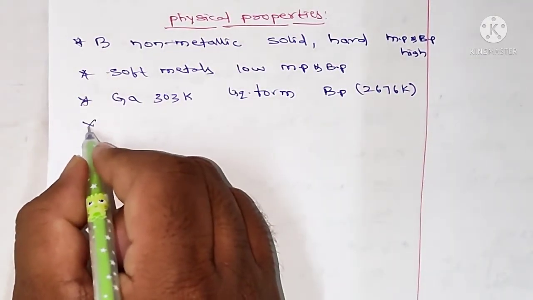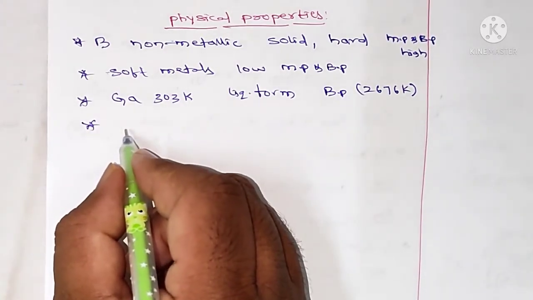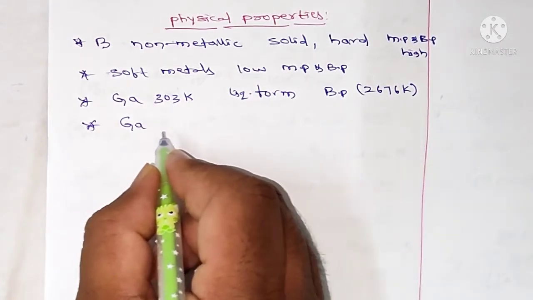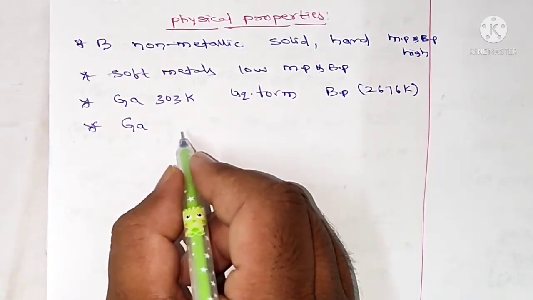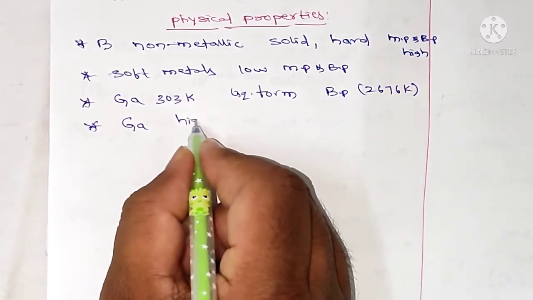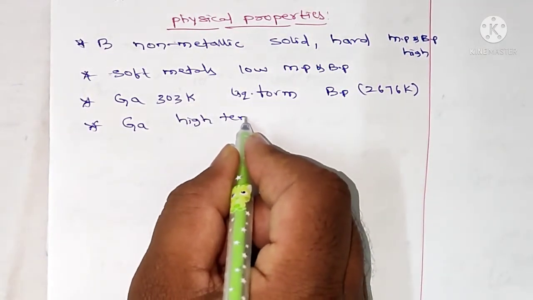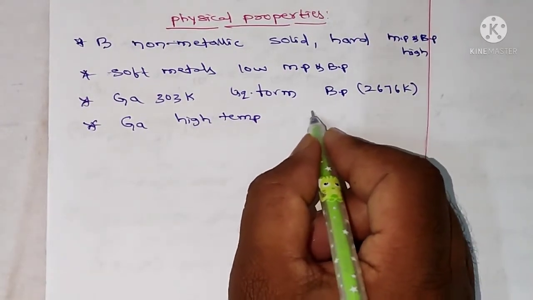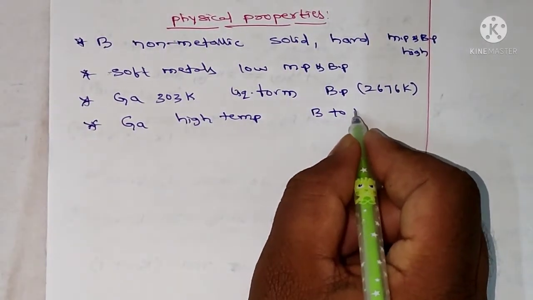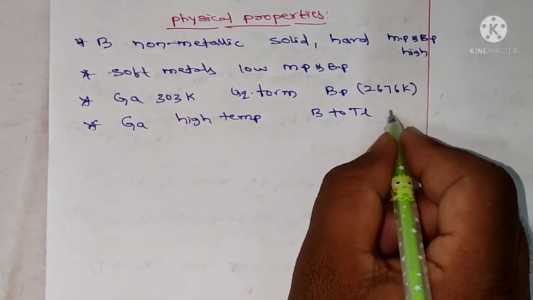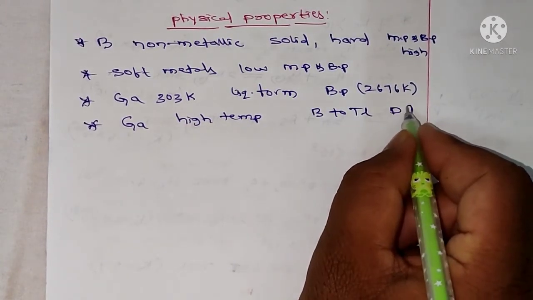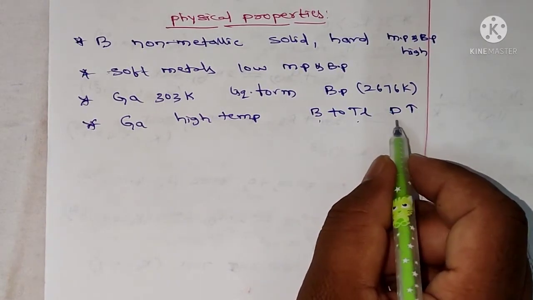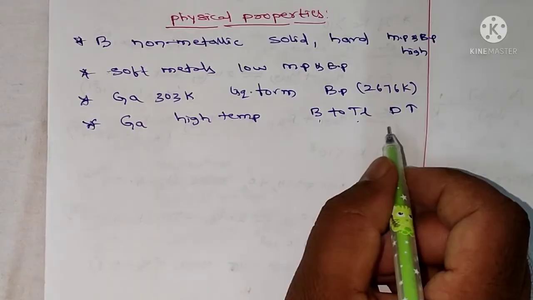Gallium is a useful material to measure high temperatures. And the density increases from boron to thallium.